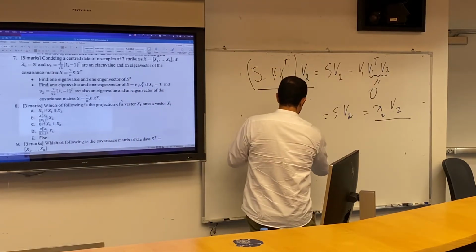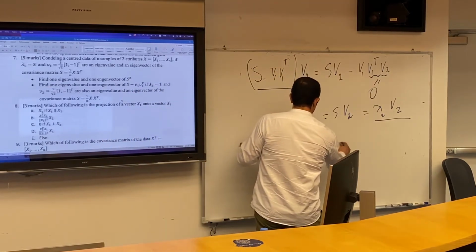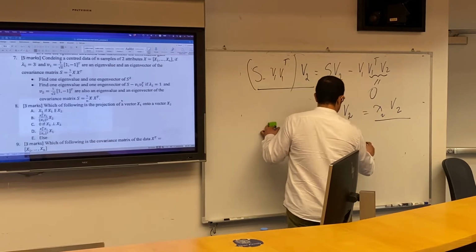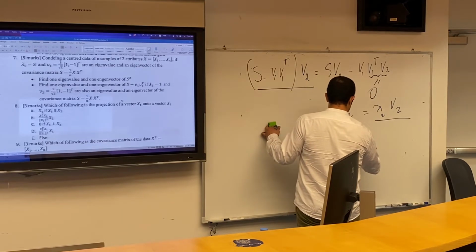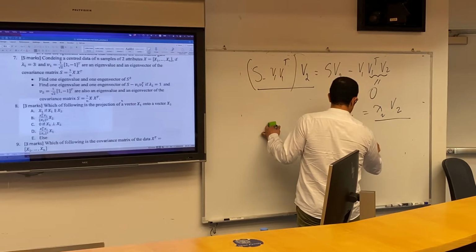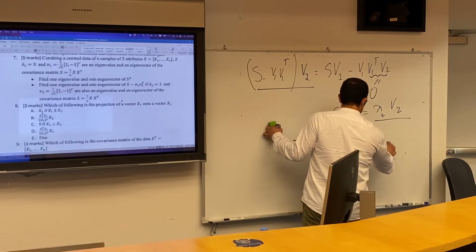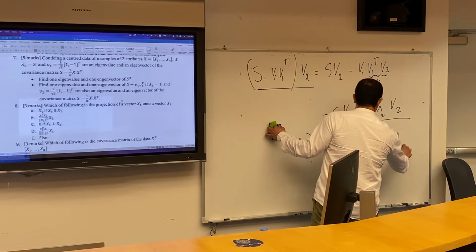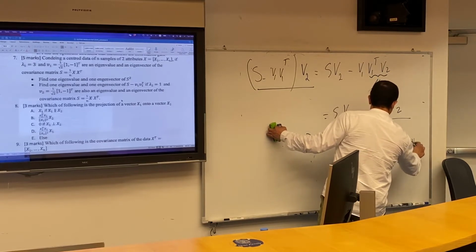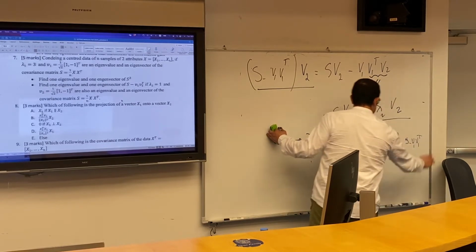So the conclusion here: lambda 2 and V2 are the eigenvalue and eigenvector of S V1 V1T.